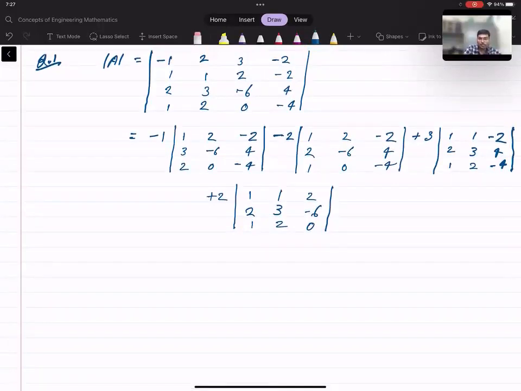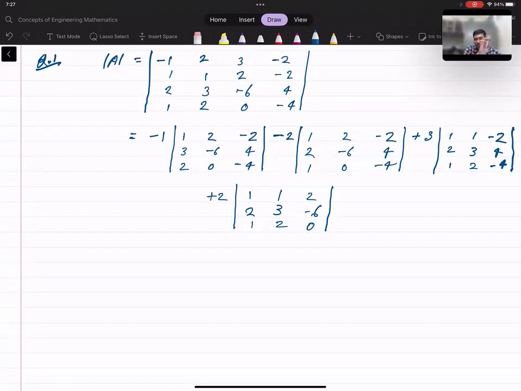Okay, so now for them also we need to do the same. So now here we will do some direct calculations. We have seen that for a 2 by 2 determinant, means second order determinant, we simply take the difference of cross multiplied elements. Okay, means say we have a11, a12, a21 and a22. So in that case, what happens?